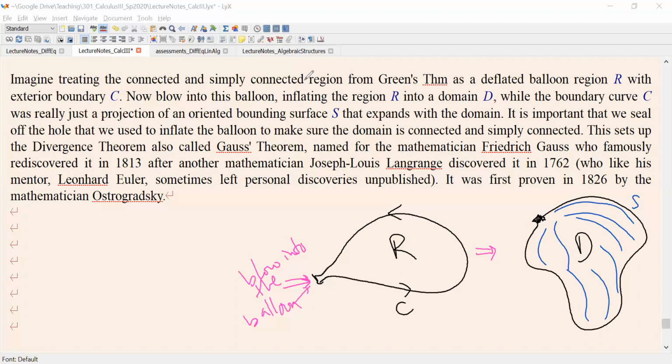Now, the region had to be simple and connected and simply connected, which means that the domain has to be connected and simply connected. What does that mean if your region had a hole in it, though?